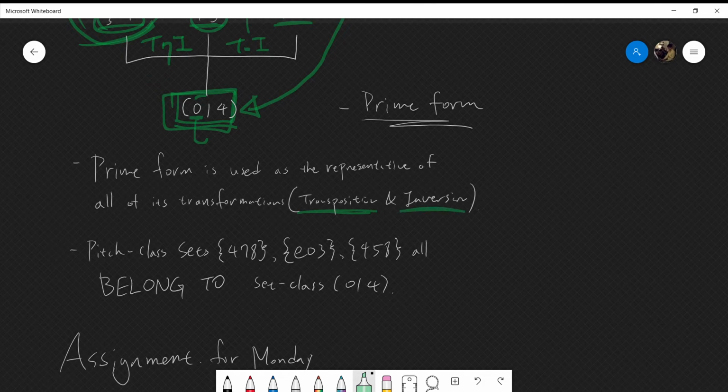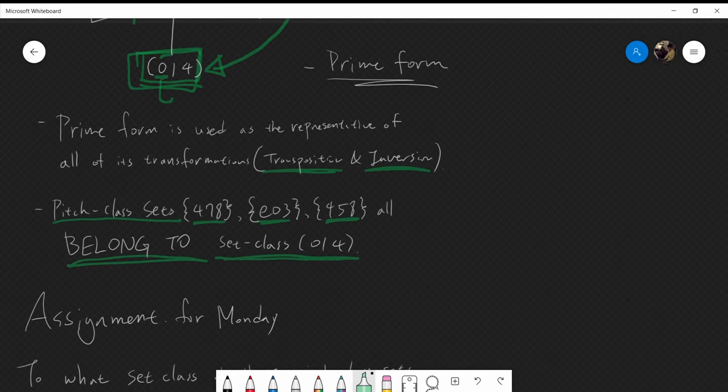So let's look at this: 478, E03, 458, they all belong to set class 014. So the prime form can stand in for representing all the other pitch classes that can turn into the prime form. Does it make sense?